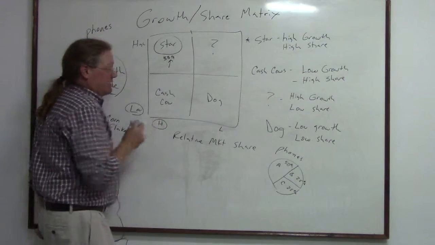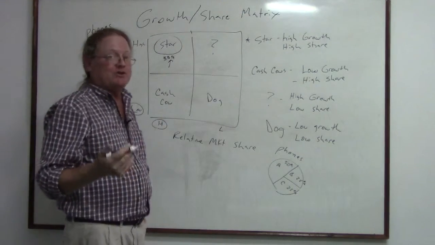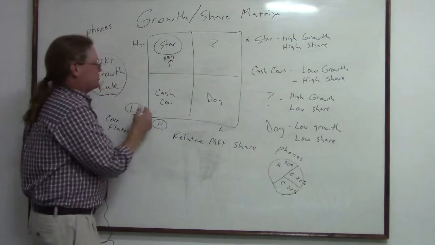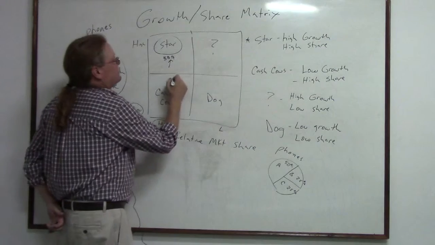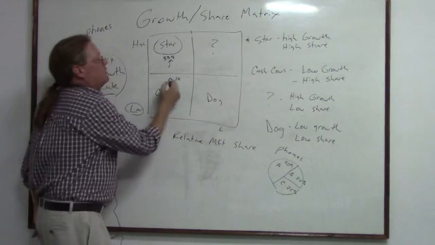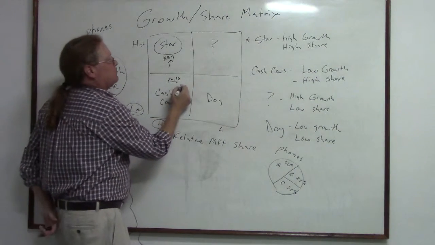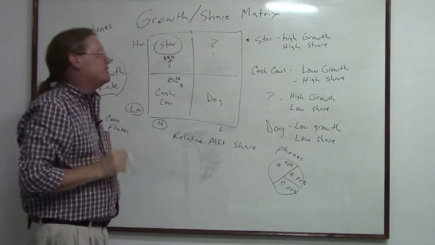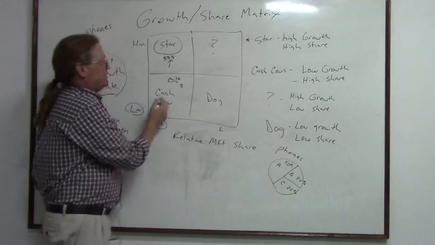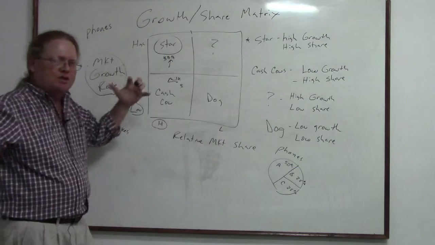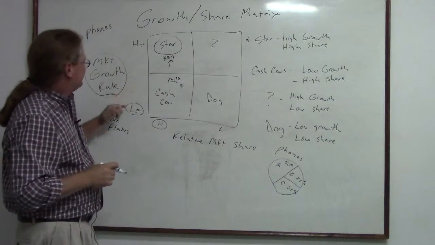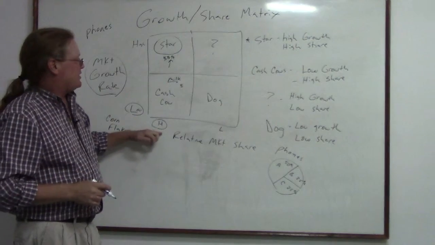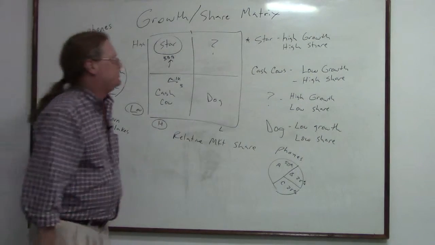And we have the luxury of having a high market share in this industry or this product category. So in this case, you milk the cow. We don't want to invest, just enough to keep it going, and we milk the cow. We get the cash out. Don't invest in a lot of equipment, a lot of advertising. The market growth rate is low. We're up here high, just going to maintain it.